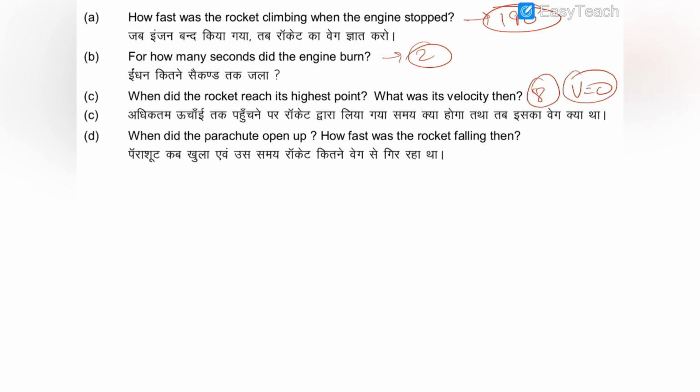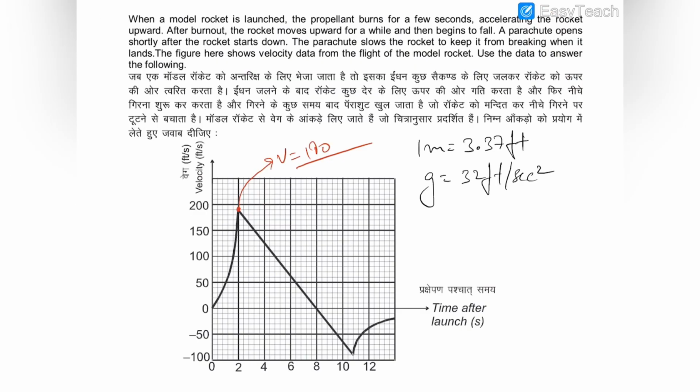was 0. Now, when did the parachute open up, and how fast was the rocket falling then? You can see that the parachute opened at this time. This is 10.8 seconds, and at 10.8 seconds the parachute opened up, and at this time you can see the velocity of the rocket was this one.